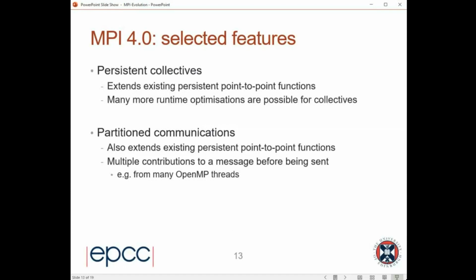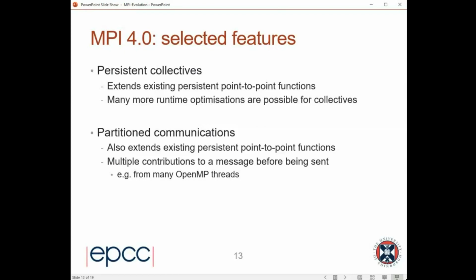Some selective features in MPI 4: persistent collectives. It's always been a bit bizarre in MPI that if you call an all reduce on MPI COMM WORLD on a huge machine like ARCHER2 on 100,000 processors, there's clearly an enormous number of optimizations that MPI could do on that.